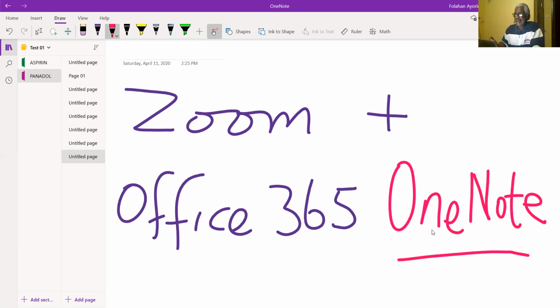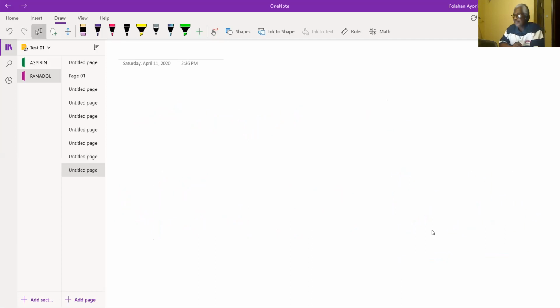But since I am an organic chemist, I am going to use for this demonstration an example of an organic chemical synthetic problem. Okay, so what do I do? I go to the next page. You see how easy, how seamless it is to go to a page on OneNote.